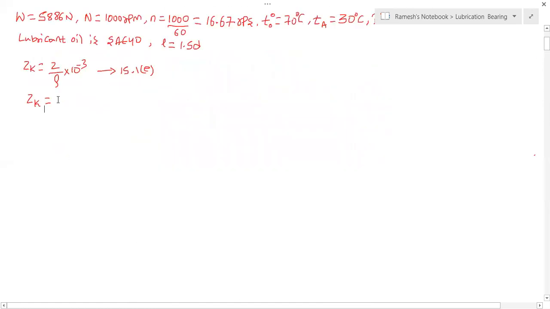This is Zk dash into 10 raised to minus 6. This is equation 15.1d.